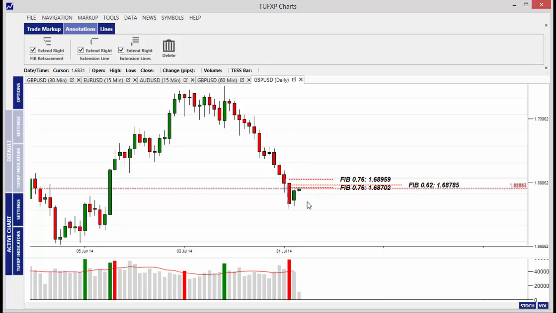So I know that in between these areas I could use these as potential profit targets, or as points to move the stop to break even and then see if the market breaks through, if it's got the momentum to move to the upside. And of course, if I get a sell signal at this area in the 30-minute chart, I could also use that as a potential sell. It would give a bit more confirmation that there is some weakness around.